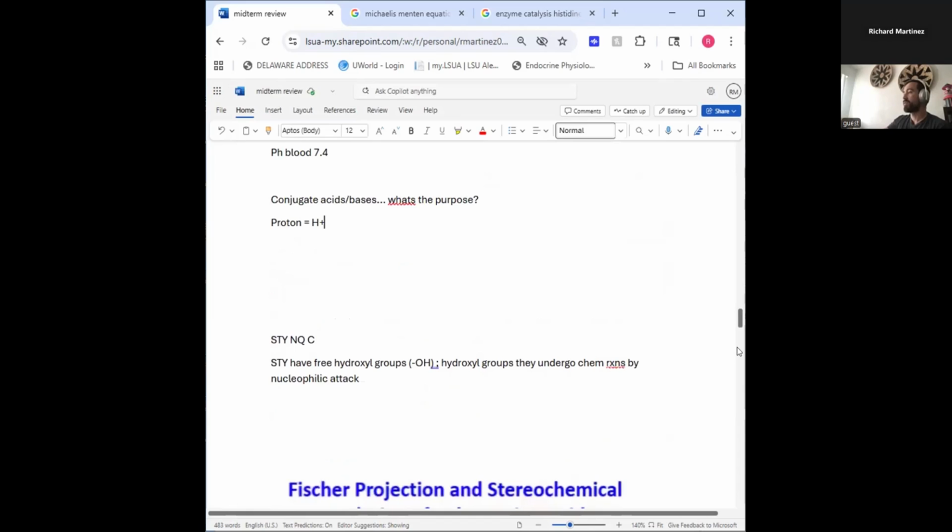Let's see if I can draw here. Kind of off topic, but just to drill it in, Bronsted-Lowry acids and bases look at the transfer and acceptance of a proton.